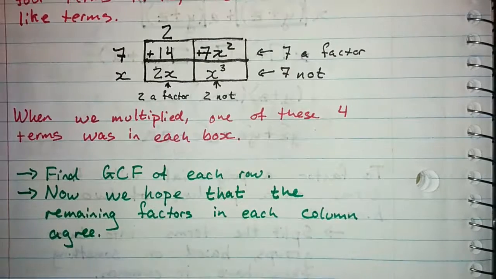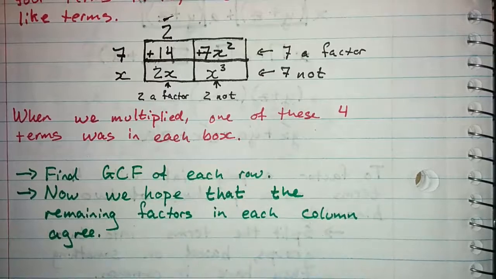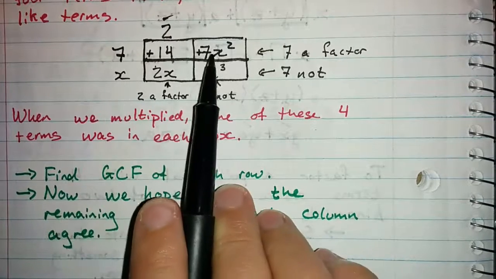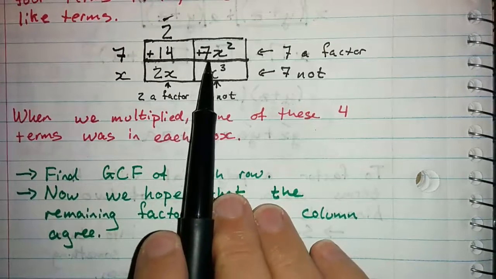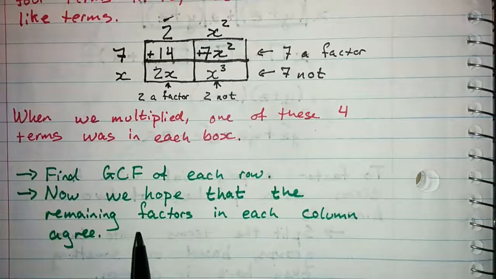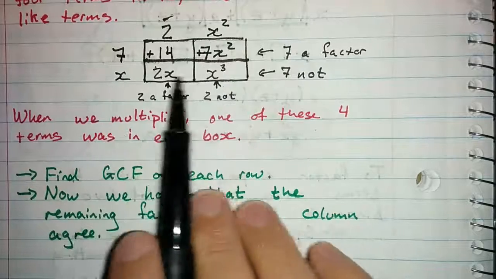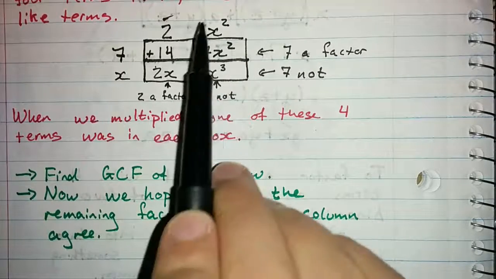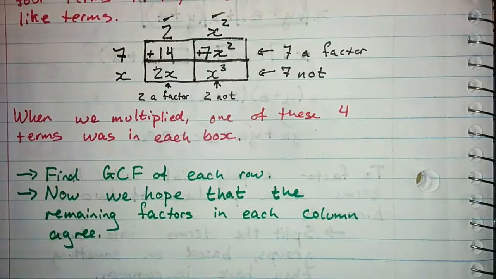Does 2 times x give me 2x? Yes, that works. What times 7 gives me 7x squared? Well, it better be x squared. Does x squared times x give me x cubed? Yes, that worked out. We'll see an example of what it looks like when this doesn't work out in a future video.